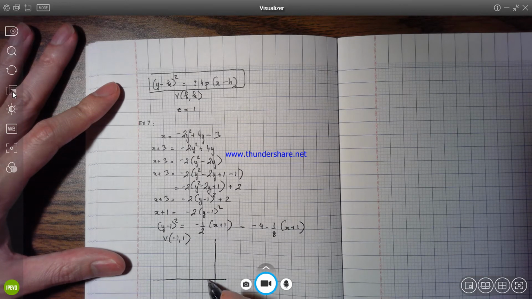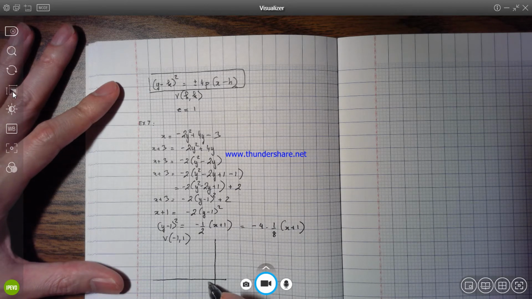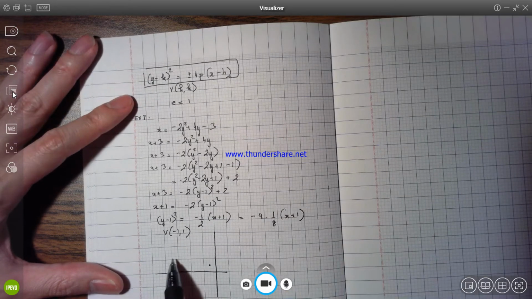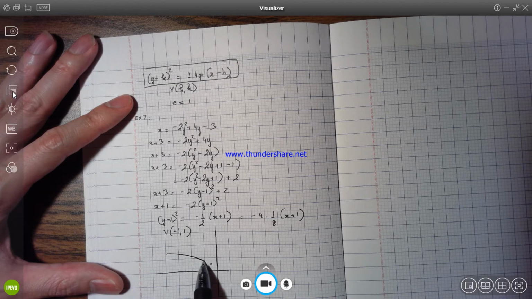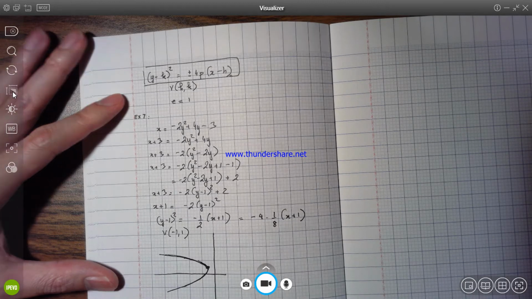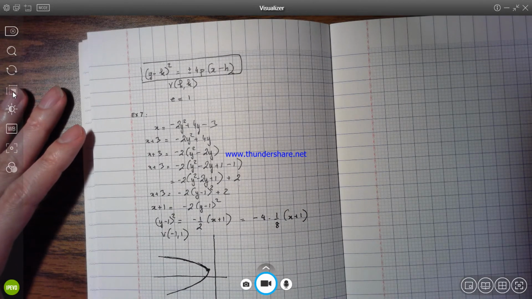So negative 1 and 1 is right here. So that's the vertex, and it's opening to the left like that. Okay, I'm just sketching, we don't have to be perfect.